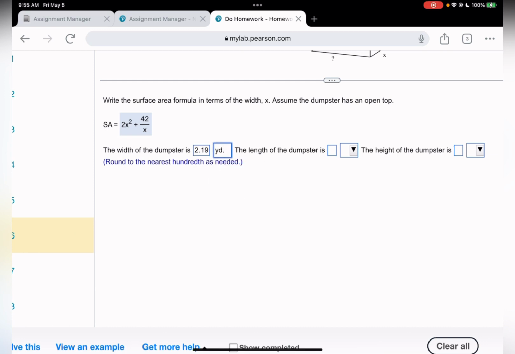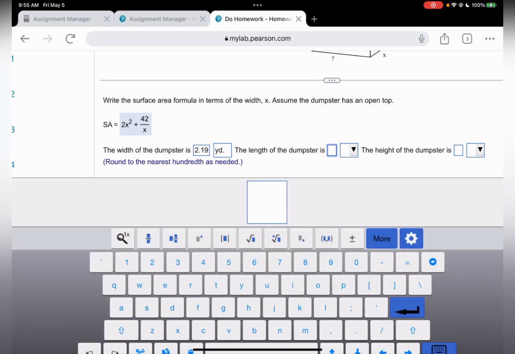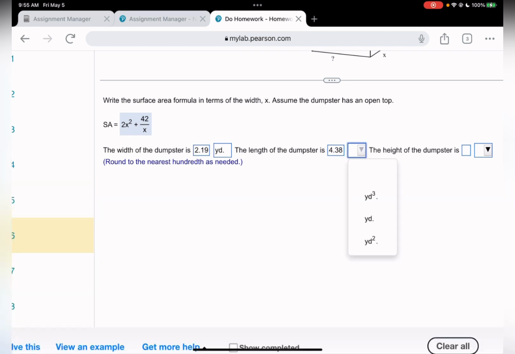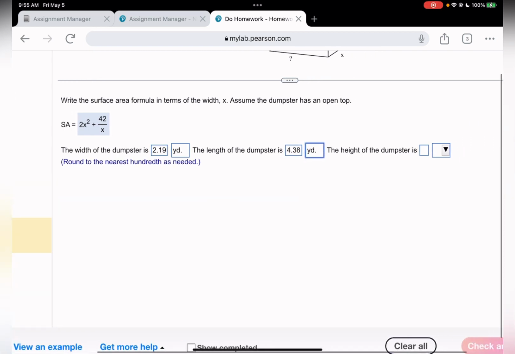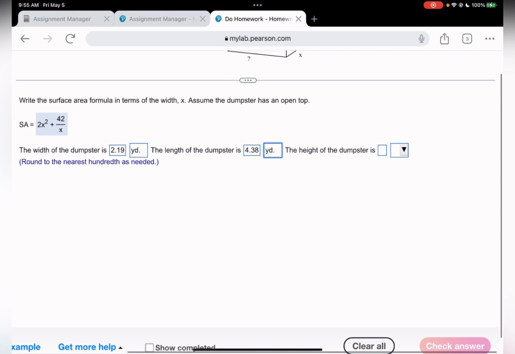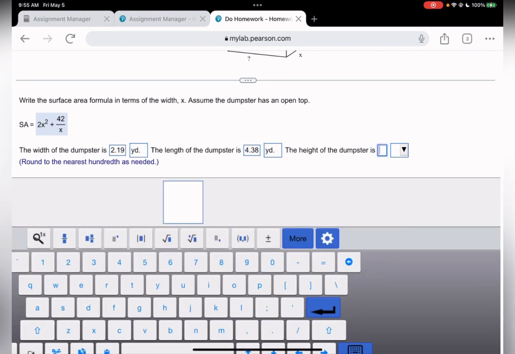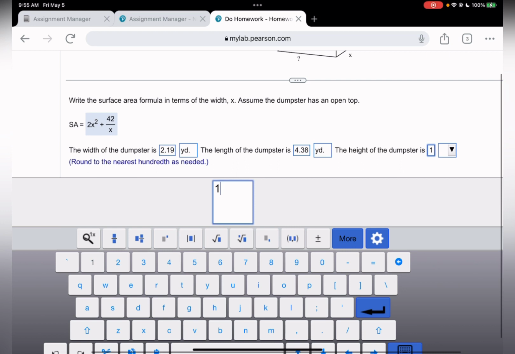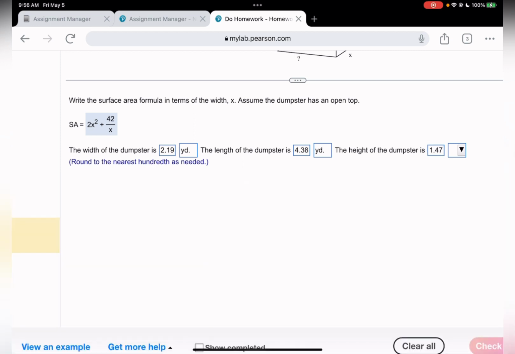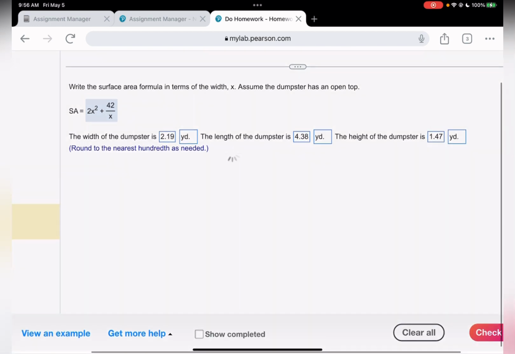The length is our y, which is going to be 4.38, measured in yards. And the height is z, 1.47, and it's going to be yards. Let's check.